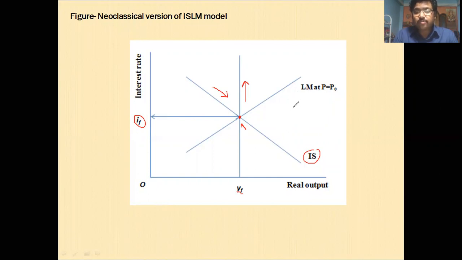That is, the demand for money is equal to the real supply of money at the price level P0. Depending on the price level P0, we get this LM curve, and it intersects at this point, where the intersection point is YF and IF.